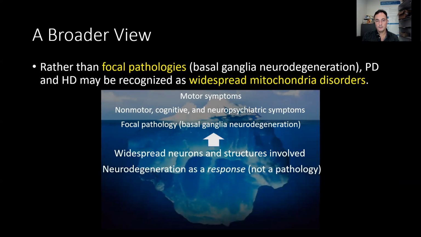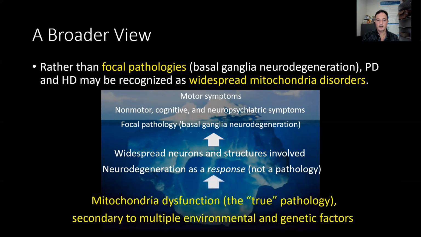And there are maybe just a few thinking this deeply, I would say, viewing neurodegeneration not as the primary pathology, but as a response to the primary pathology. It's a metabolic response where the neurons are failing to adapt to mitochondrial dysfunction. That's the true pathology, in my opinion. And that, of course, explains the multitude of environmental links to Parkinson's, and it can be explained by the genetic anomalies in Huntington's.